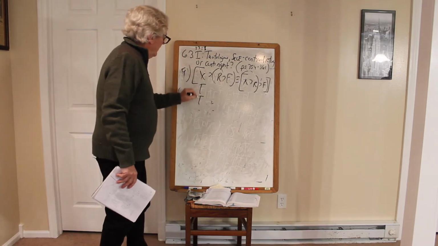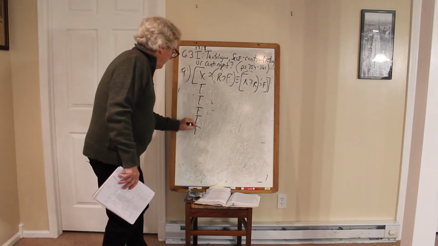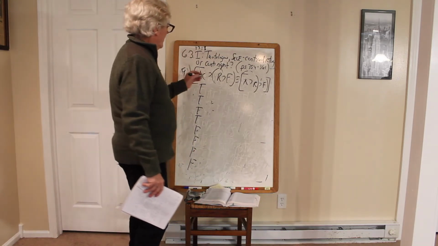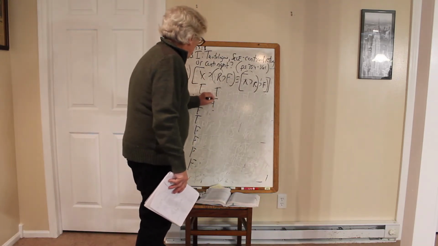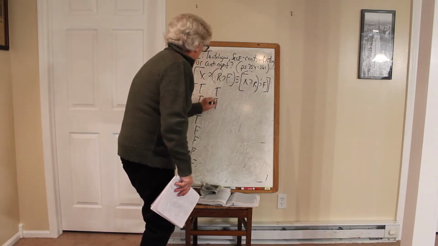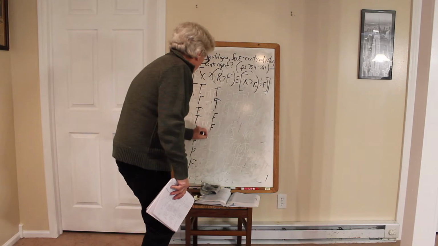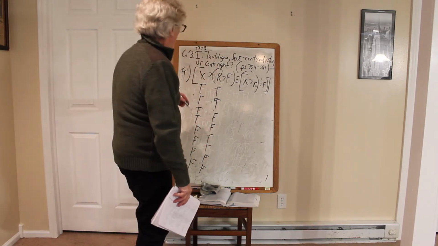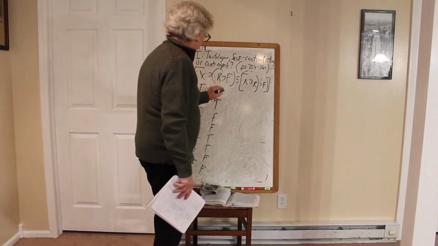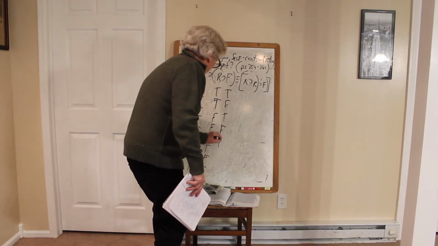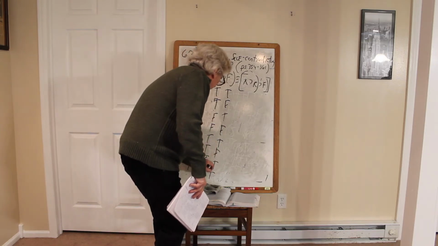Under X then, 4 truths and 4 falses. Under R, we're going to alternate in pairs: true, true, false, false, true, true, false, false. And when I see the 3rd letter, F, the 3rd different variable, I'm going to alternate true, false, true, false, true, false, true, false.